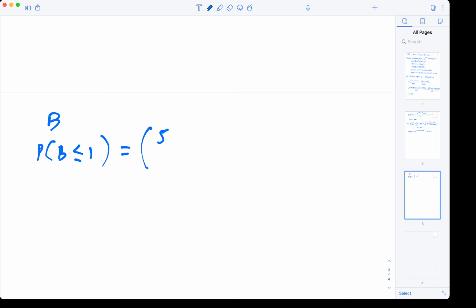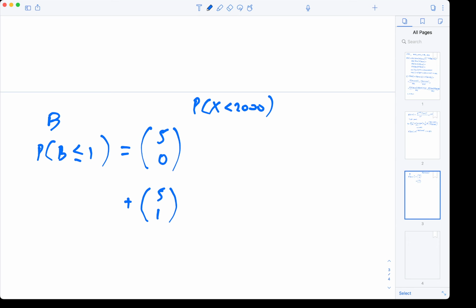So we have 5 choose 0. That's the case of B equals 0, and then we're going to have the case of B equals 1. And we're going to add them because, again, we're looking for the CDF. So let me write the equivalent terms at the same time. Now we are looking for the probability of occurrence, so damage. The probability for a single building being damaged, we saw that it is coming from this, right?